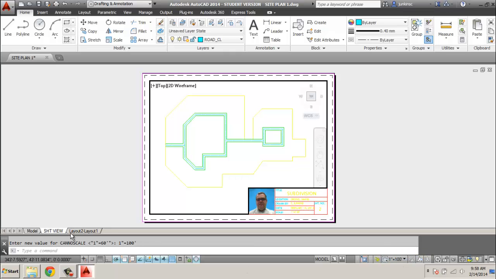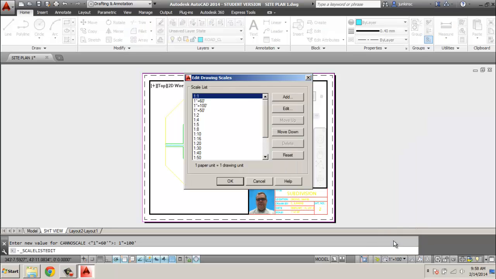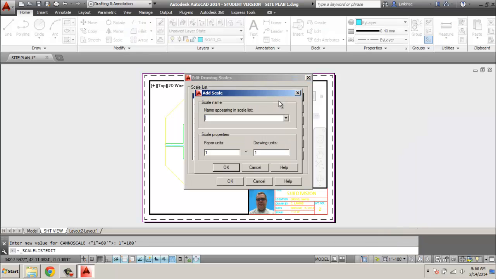And if we go back to our other drawings that we brought in at 1 to 2, any of these scales can be customized. You can see these are all set to engineering scales. If I wanted to put in a custom scale for architectural, I don't have any, I can add one. And I want to put in a scale that's 1/4 inch equals 1 foot 0 inches.